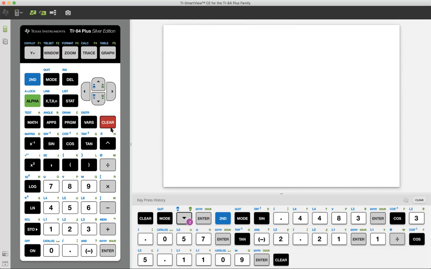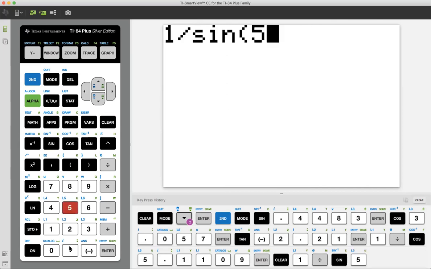Okay, so let's clear it for the other ones. Let's look at cosecant. There's no cosecant button, but I know it's the reciprocal of the sine. So I'm just going to use that fact. It's 1 over the sine of that same angle, in this case 5.1109. I'm just going to start with a 1 divided by, and then sine of 5.1109.